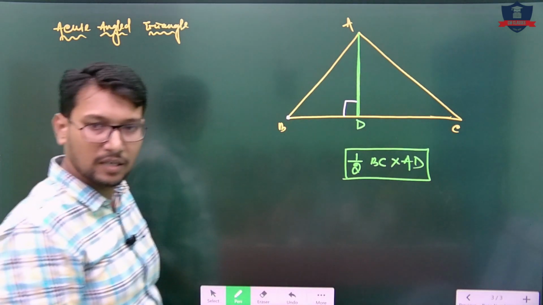So I am going to draw a perpendicular at point B to BC. I have drawn another perpendicular.